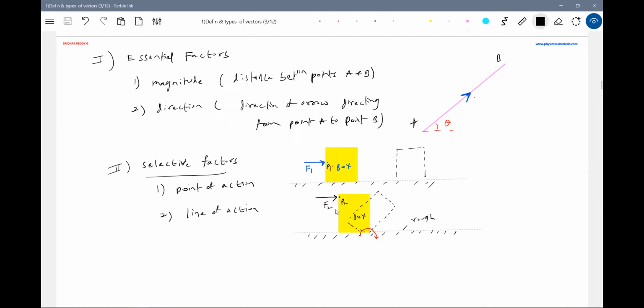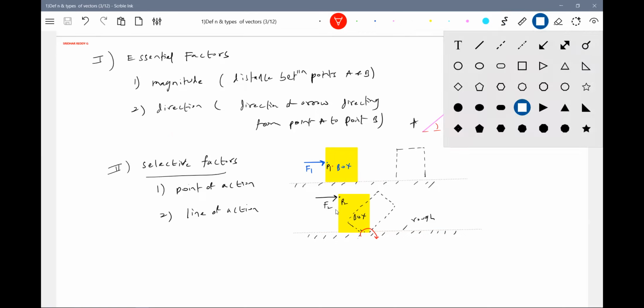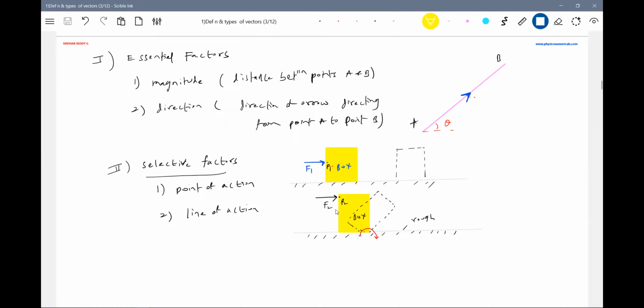Now I'll give one more example. You might have come across rods. If I have a rod suspended, both these rods are suspended. Now I'll apply force in this direction.